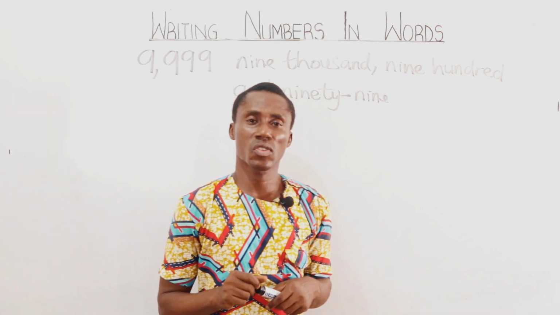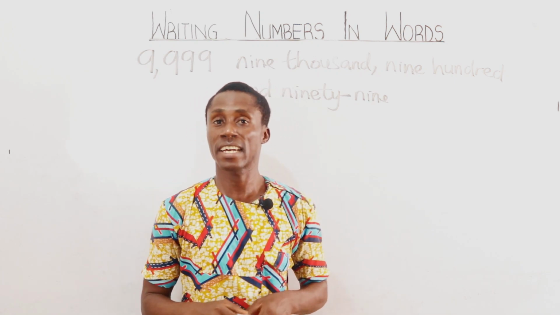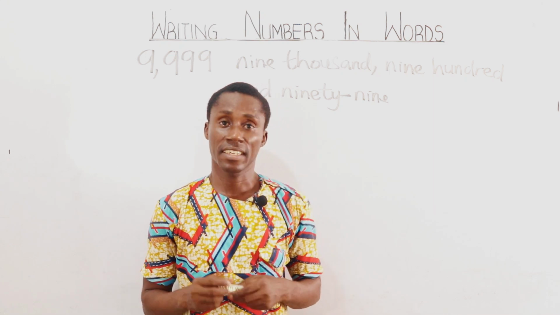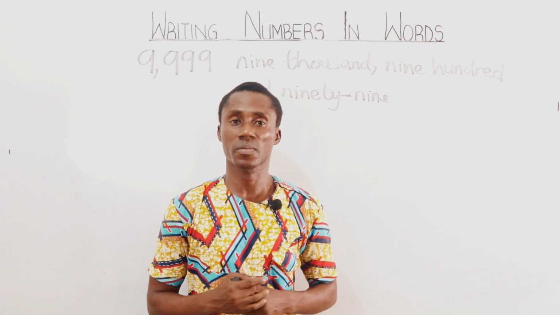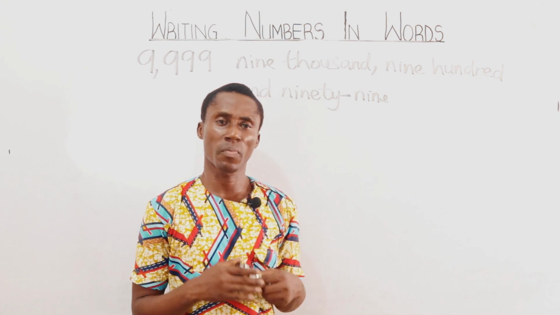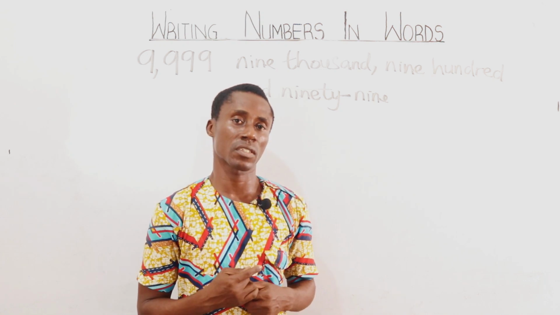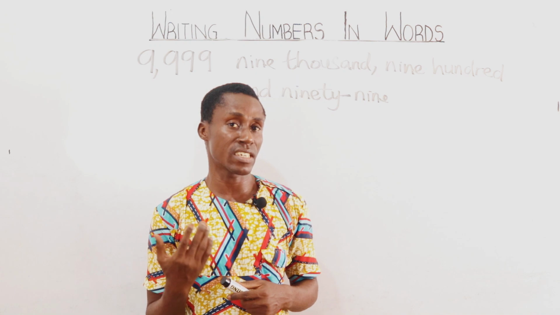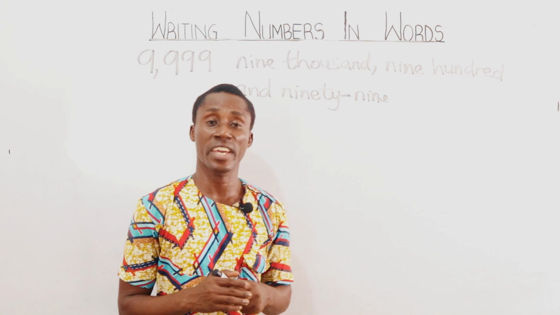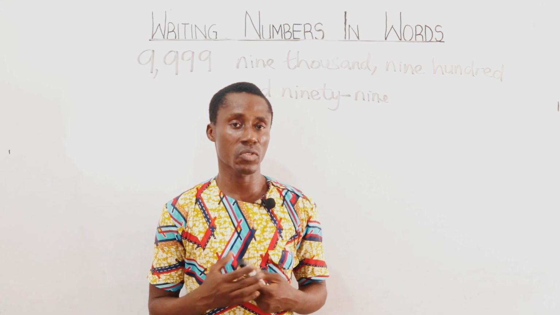Very good. So now when we move from 9,999, the next number is 10,000. And we are going to learn the numbers from 10,000 to 99,999 in words. Now, over here too, we have a group of numbers called the 10,000s.